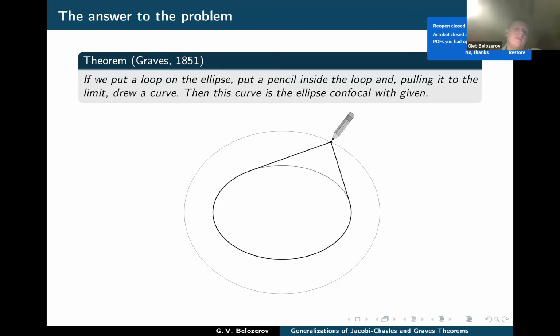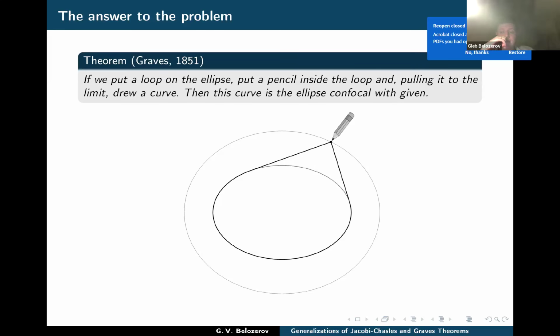This is Graves' theorem. Graves is a British bishop, and he proved this fact in 1841.